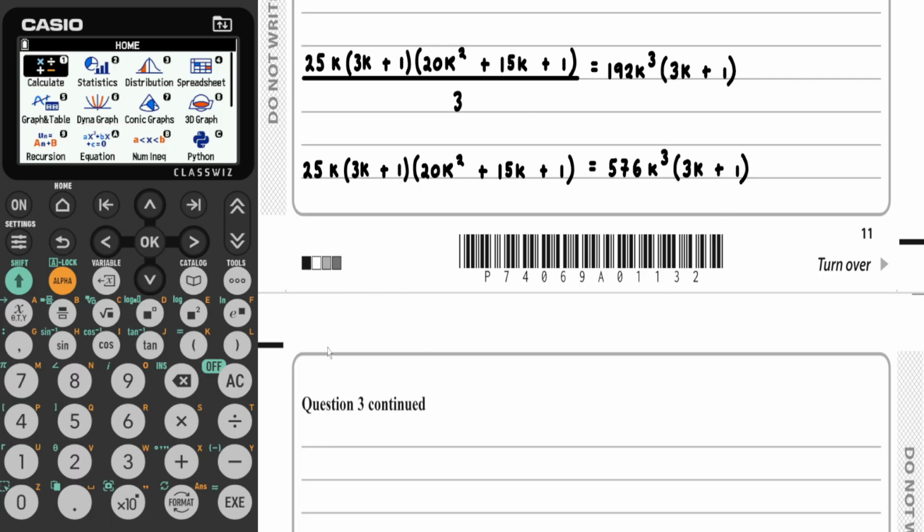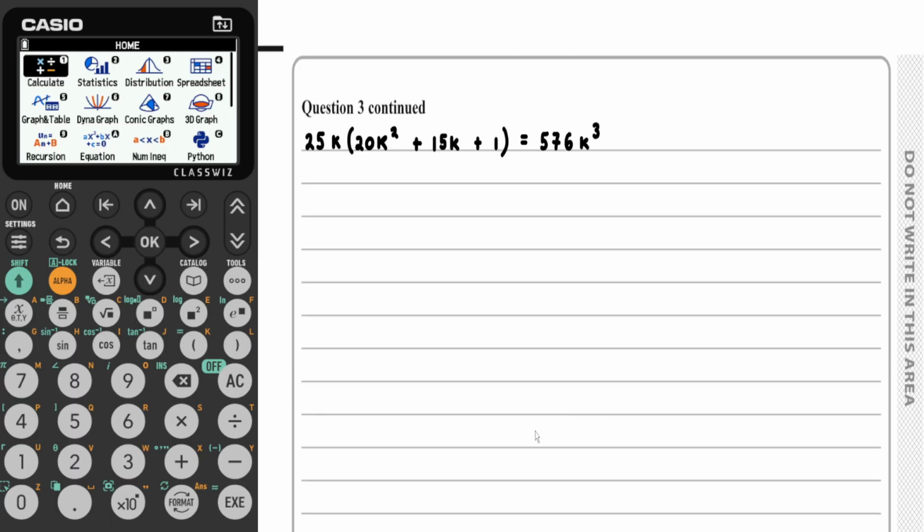Now, what you will find is the 3k plus 1 cancels on both sides. So we have 25k times by 20k squared plus 15k plus 1 equals 576k cubed. And now we can divide both sides by k, leaving us with 25 times 20k squared plus 15k plus 1 equals 576k squared.